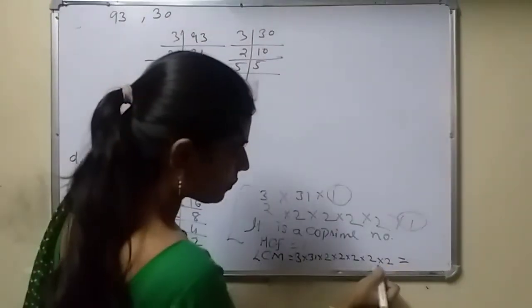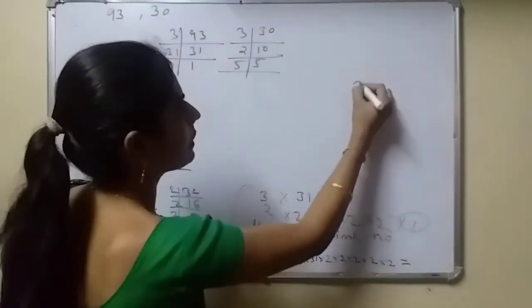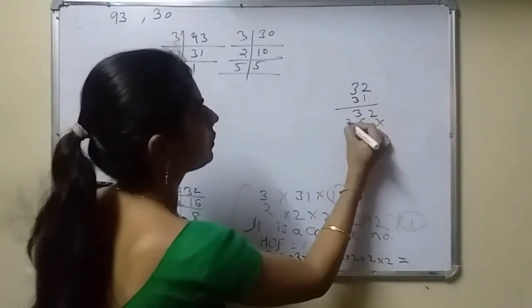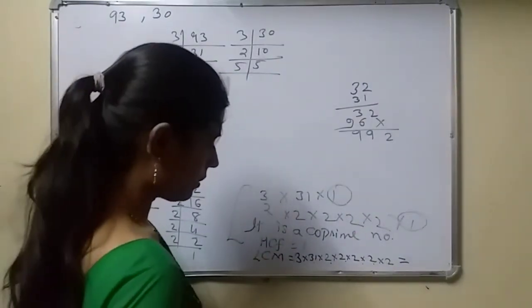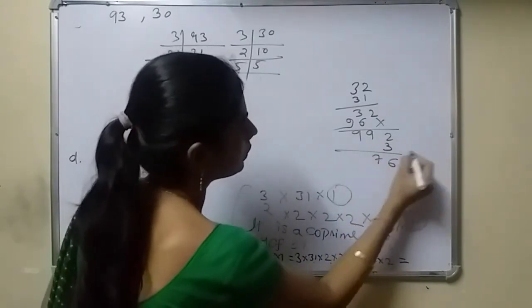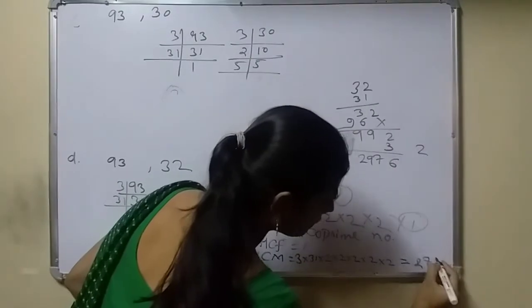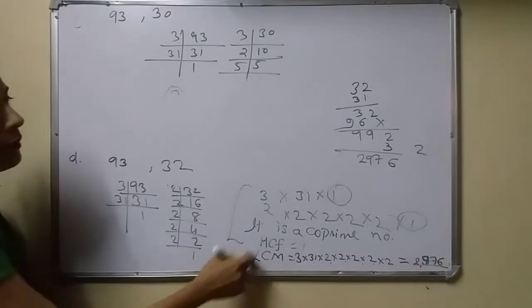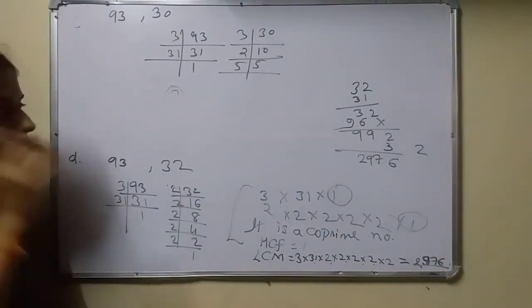See, 2 2s are 4, 4 2s are 8, 8 2s are 16, 16 2s are 32, 32 multiplied by 31 is 992. 992 multiplied by 3 is 2976. 2976 is the LCM of 93 and 32.